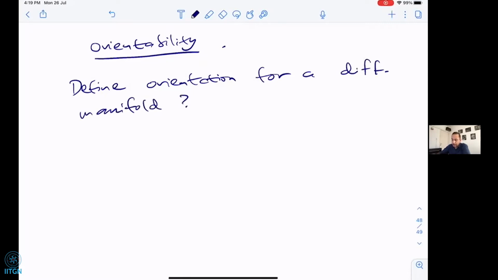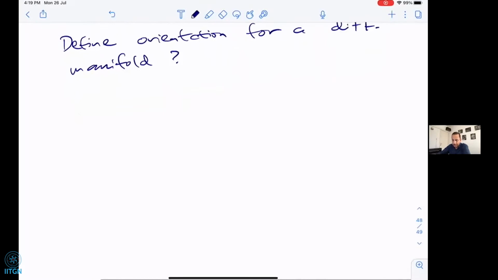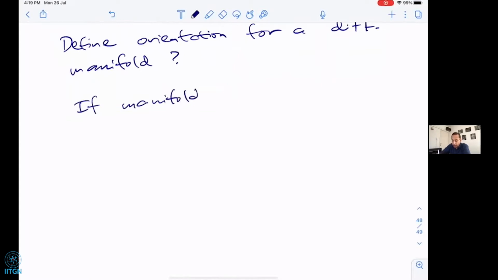Just to give you some examples to show you that there's something interesting here. If the manifold is familiar, if it was embedded in 3-space, then we have an intuitive idea, and that idea, as usual, has to be employed to give an intrinsic definition just using differentiable manifold theory, as we've been discussing.